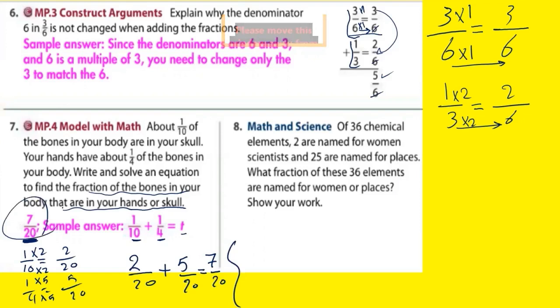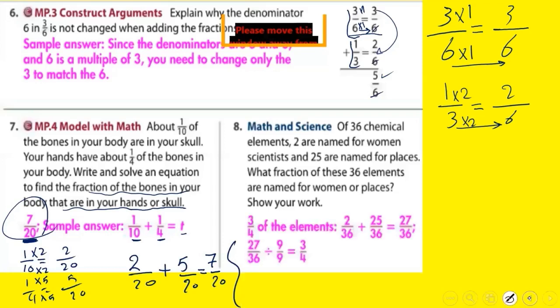Number 8. Of 36 chemical elements, 2 are named for women scientists, and 25 are named for places. What fraction of these 36 elements are named for women or places? Show your work.